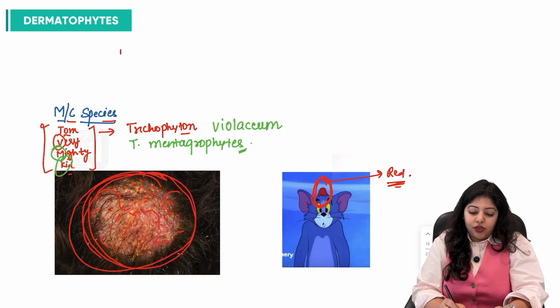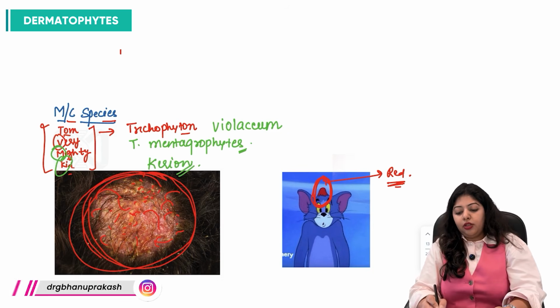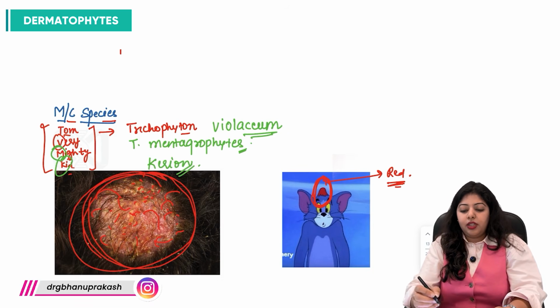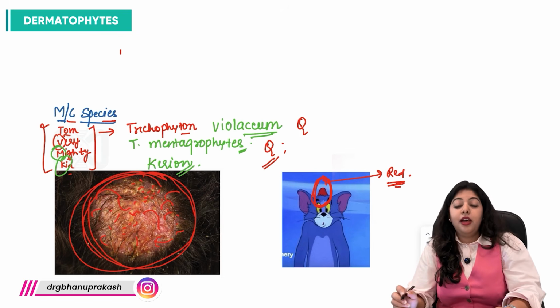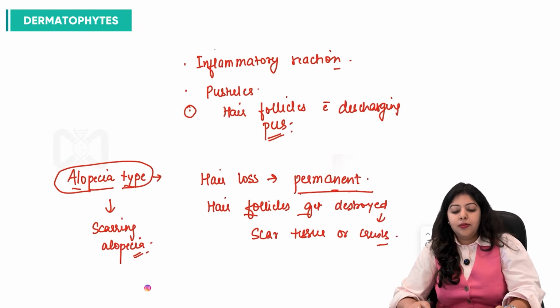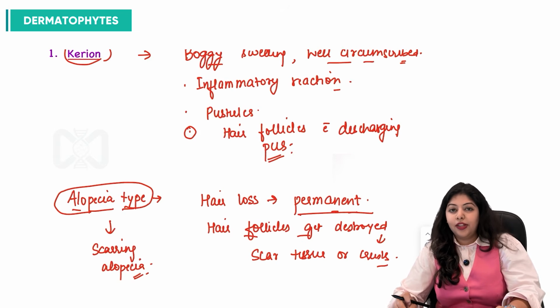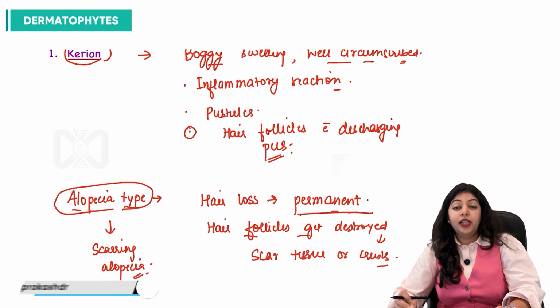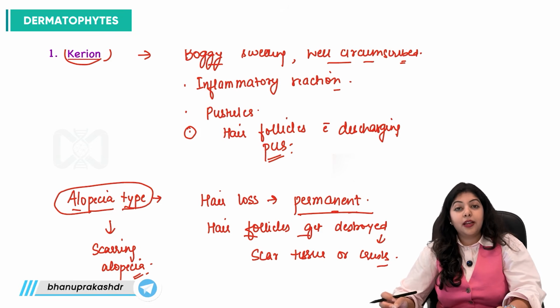And K stands for Kerion. So in Kerion infection, the two most common species associated are Trichophyton mentagrophytes and Trichophyton violaceum. Right? So this helps us understand what exactly Kerion is. It is going to be an inflammatory form of Tinea capitis infection.